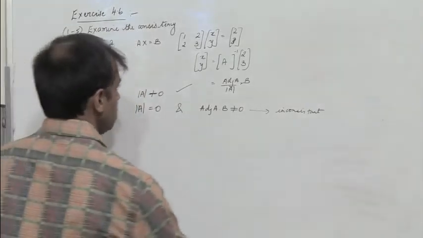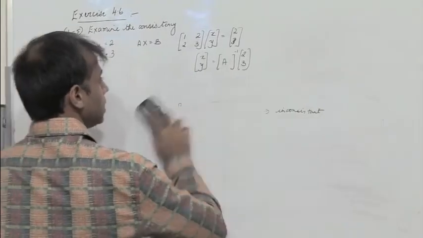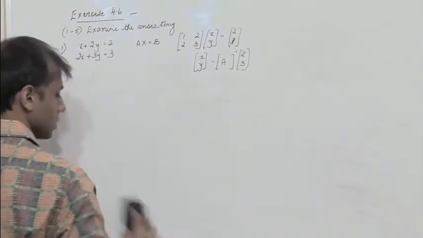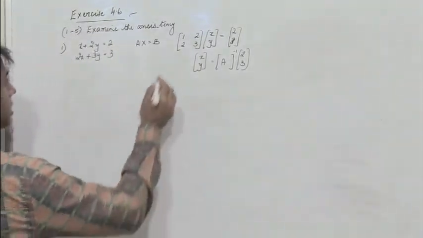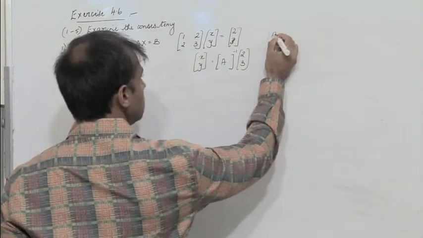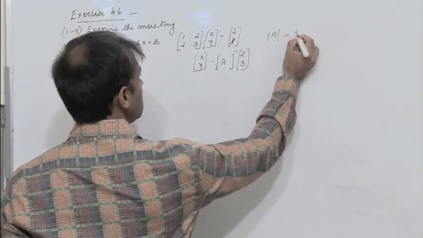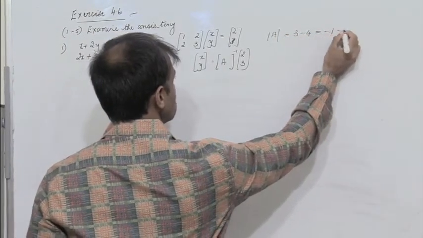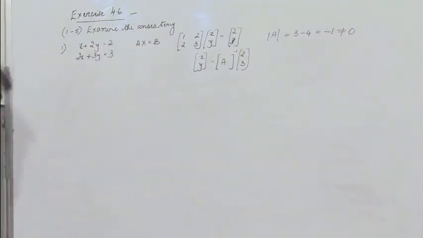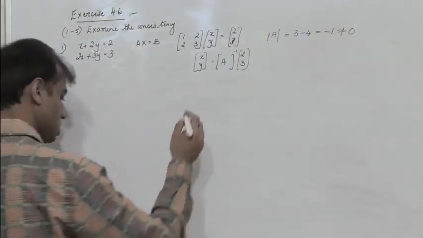So now let us find the value of the determinant of A. So determinant A here is 1 into 3 minus 4, which is equal to minus 1, and definitely not equal to 0. So therefore the system is consistent.